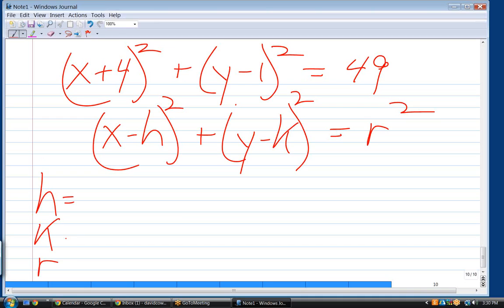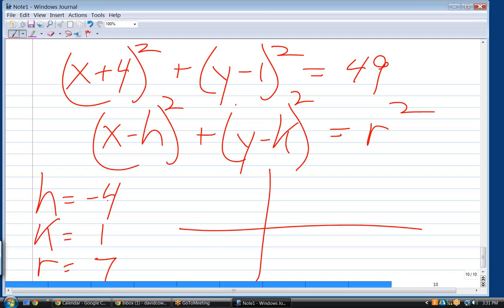What's h? H is 4. Or negative 4. What's k? 1. And what's r? 7. Okay. That means we go to the center that's located at minus 4, 1.